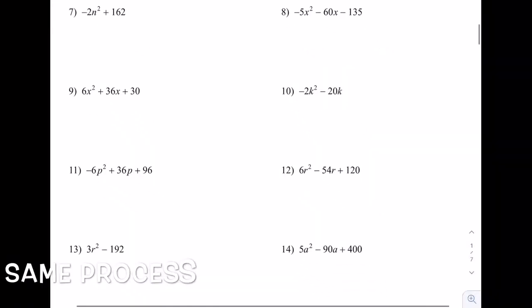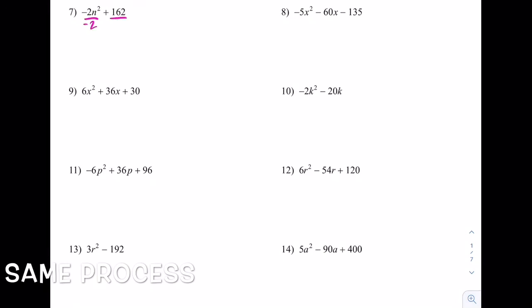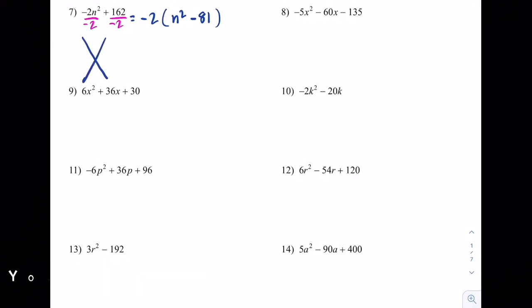Okay, so let's look at number 7. So here's a negative 2 in the front. So divide everything by negative 2. So we're going to have negative 2, parentheses, n squared, 162 divided by negative 2, so negative 81. And then we're going to factor that. So our product is negative 81, and again, there's no number in the middle, so it's 0.